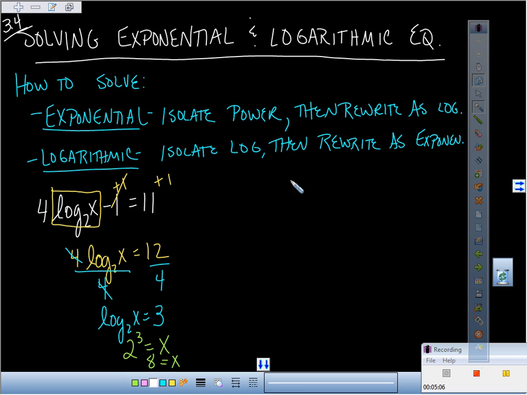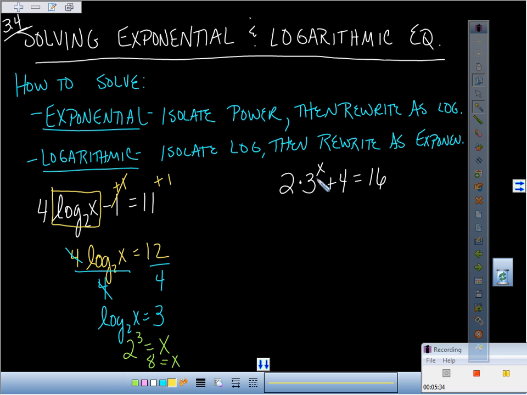Okay, now let's do an exponential. Alright, here we go. Now, how can you tell that's an exponential?